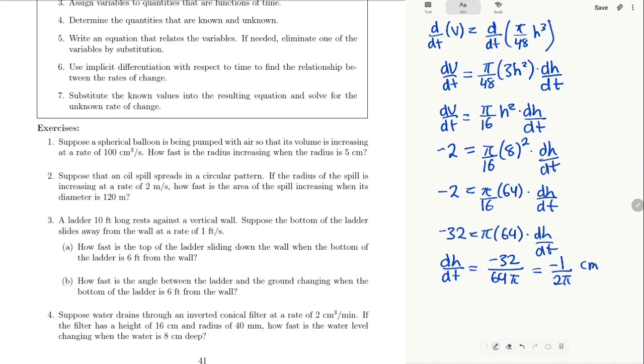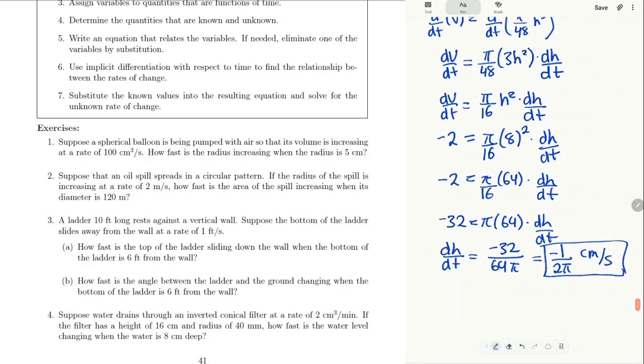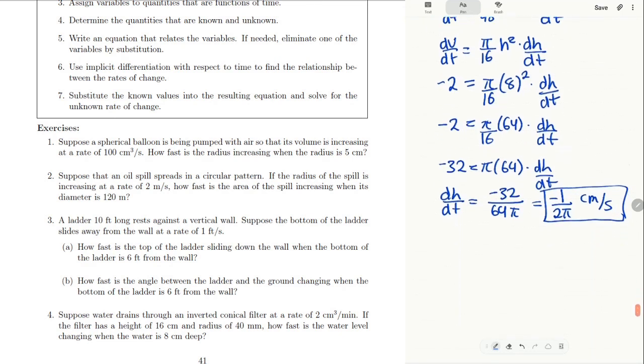Now height is measured in centimeters, and time is measured in seconds. And so dh over dt is -1 over 2 pi centimeters per second. So this tells us that the water level is decreasing at 1 over 2 pi centimeters, and I lied.